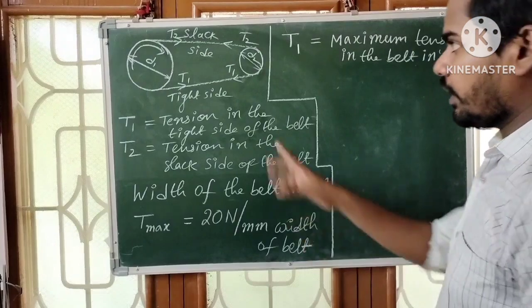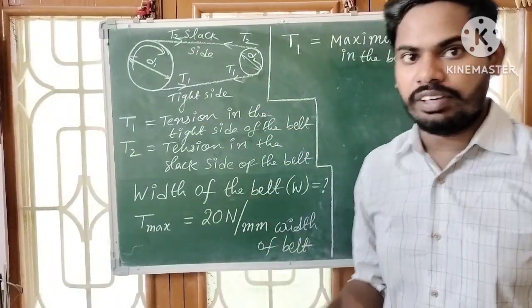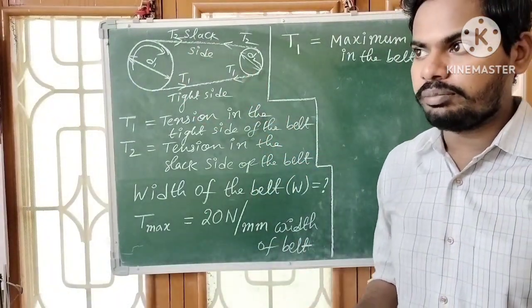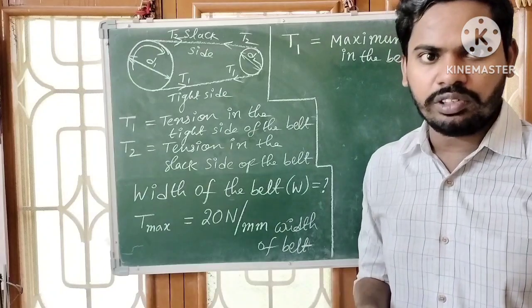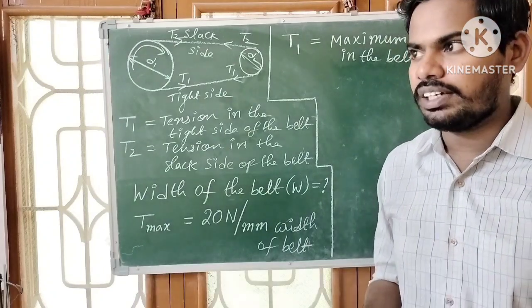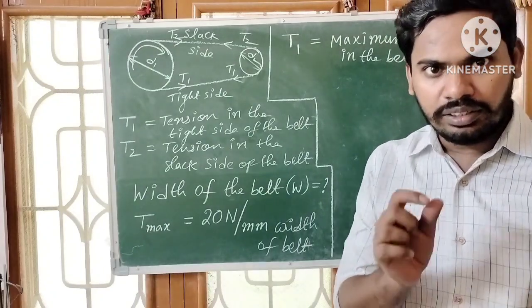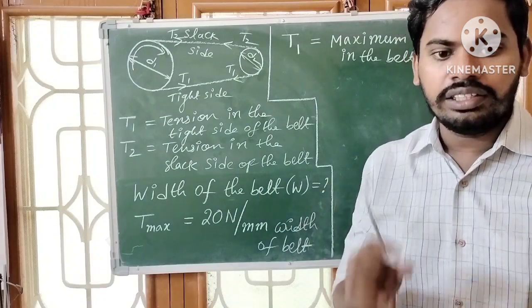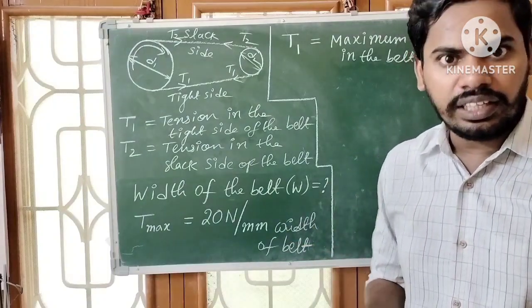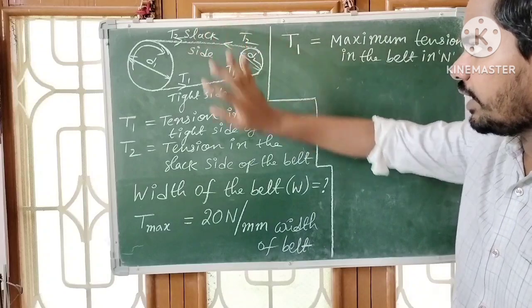In case of an open belt drive or flat belt drive, if nothing is mentioned about centrifugal tension, or otherwise if it is clearly given to consider centrifugal tension negligible, then the maximum tension in the belt is T1.